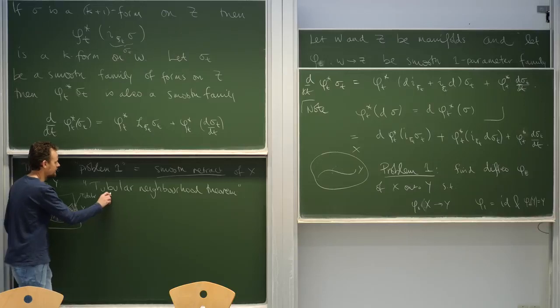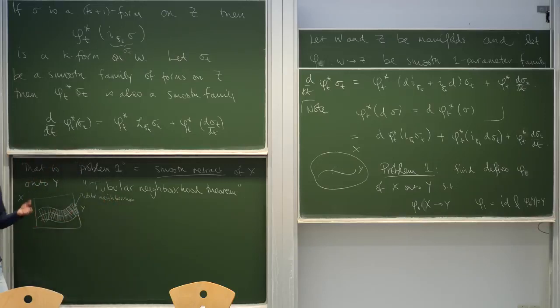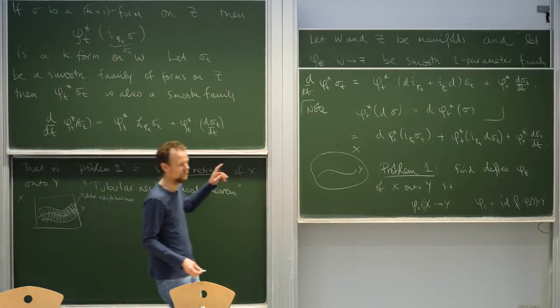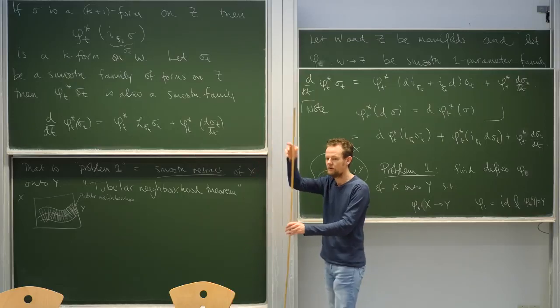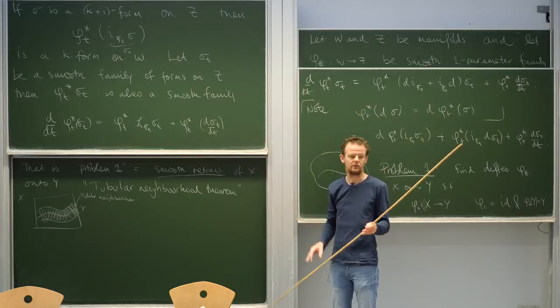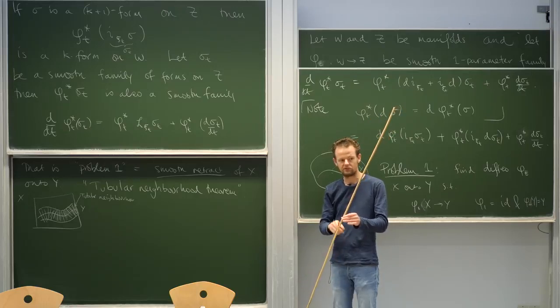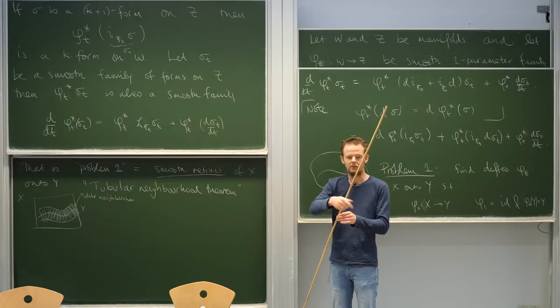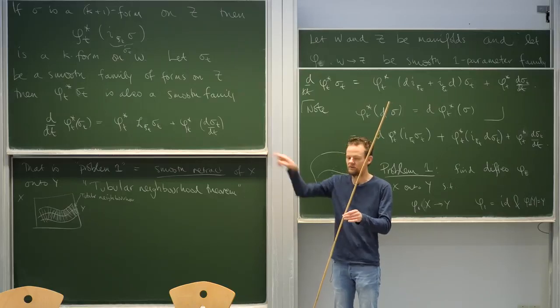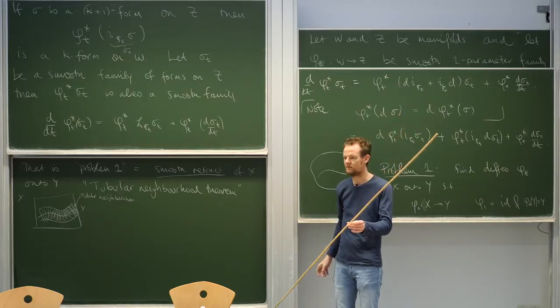And the reason for the name tubular neighborhood isn't really apparent from this picture. In 2 dimensions, you don't really see why we would call it tubular. But think about 3 dimensions, right? If you have a 3-dimensional ambient manifold like the space we live in, and you have a 1-dimensional submanifold running through this space, and you find all the normal vectors to that 1-dimensional space, and you flow out as far as you can, then you'll form a tube around this 1-dimensional manifold.